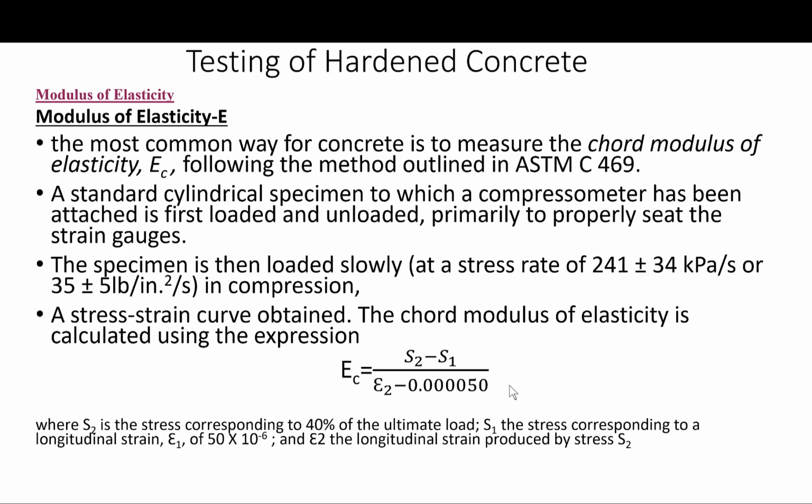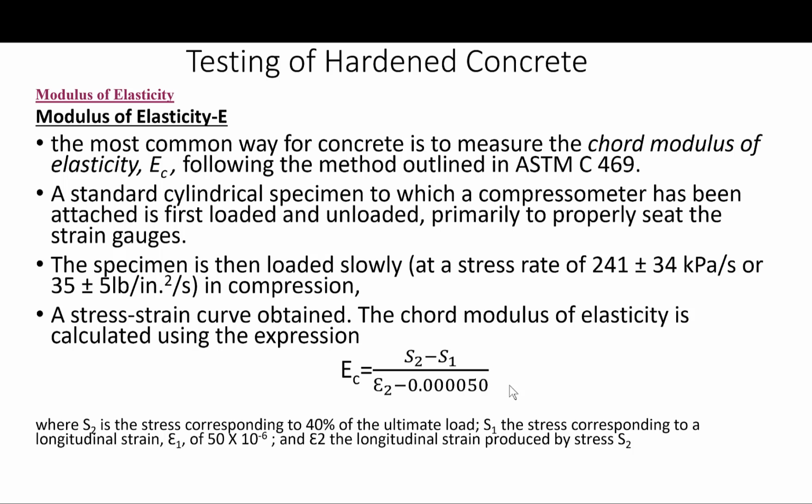Then the specimen is loaded and unloaded, primarily to properly seat the strain gauges. It is then loaded slowly at a stress rate of about 241 plus or minus 34 kilopascal per second, in compression, and a stress-strain curve is drawn.